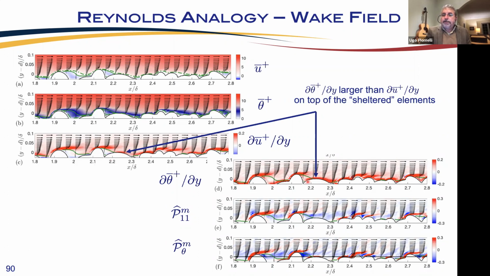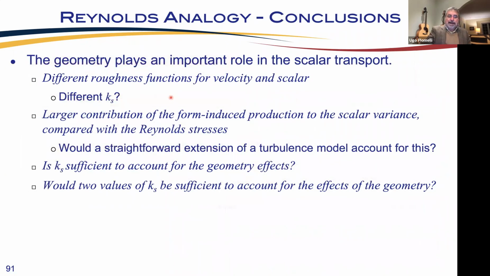And as a consequence, the form-induced production of theta ends up being much larger than the form-induced production of u squared. So here we have another case in which the wake field plays an important role, and the difference between the wake field in the scalar and the wake field in the velocity goes a long way towards explaining the failure of Reynolds analogy. And this work leaves us with a bunch of questions.